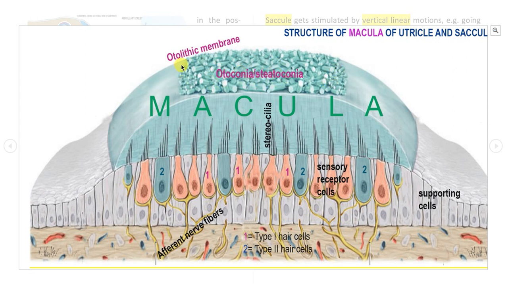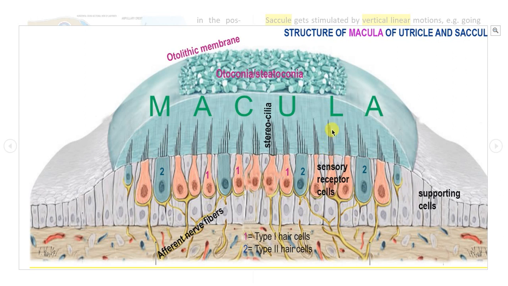This membrane of otoconia is also known as otolithic membrane. So this gelatinous mass represents one calcium carbonate membrane called otolithic membrane. So there is a function of gravity.